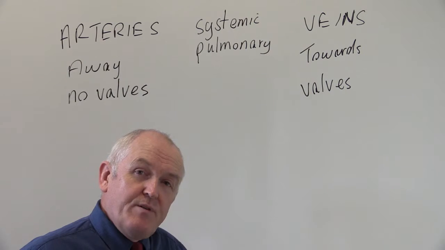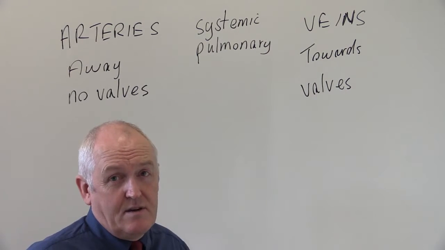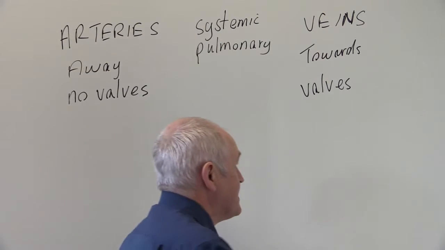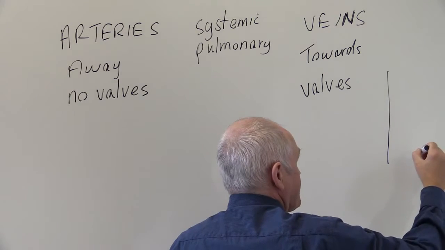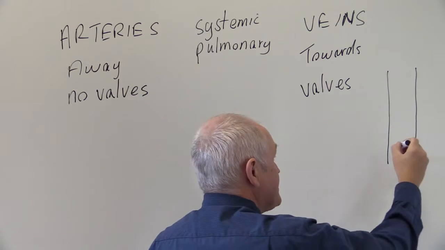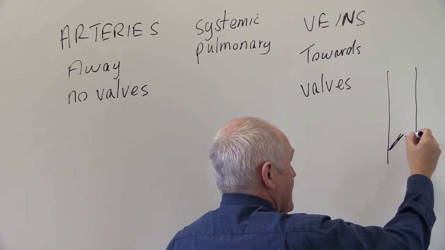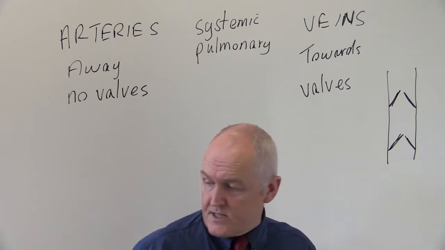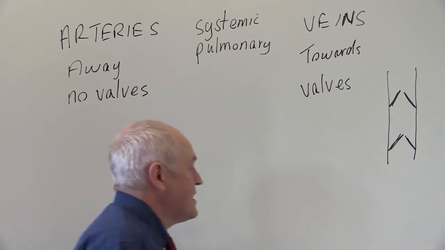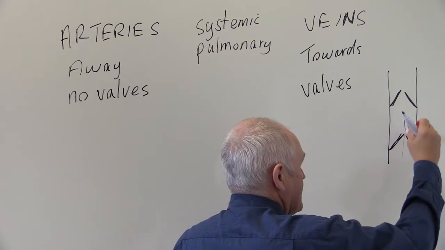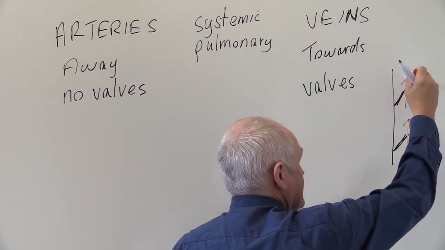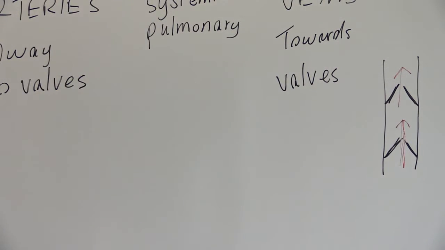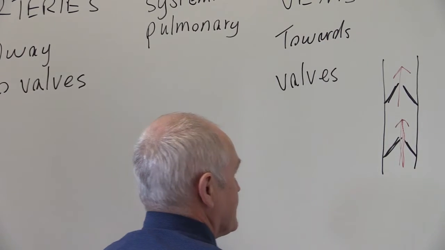So we have to make sure that the blood only travels in that direction, from the periphery back towards the heart. And for this reason, the veins will have valves. And the valves will point up in this direction, pointing towards the heart. So what this means is that once the blood has gone from a lower part of the vein up into the next part of the vein, then it shouldn't be able to regurgitate backwards because these valves will shut.